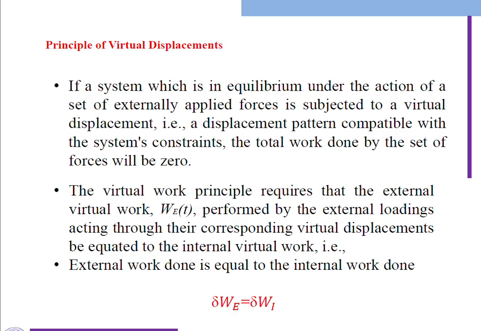Each load will have a different displacement in its own direction, the load applied direction. And that particular work done, the force and displacement, the load into displacement, we used to call as the work done of the body.